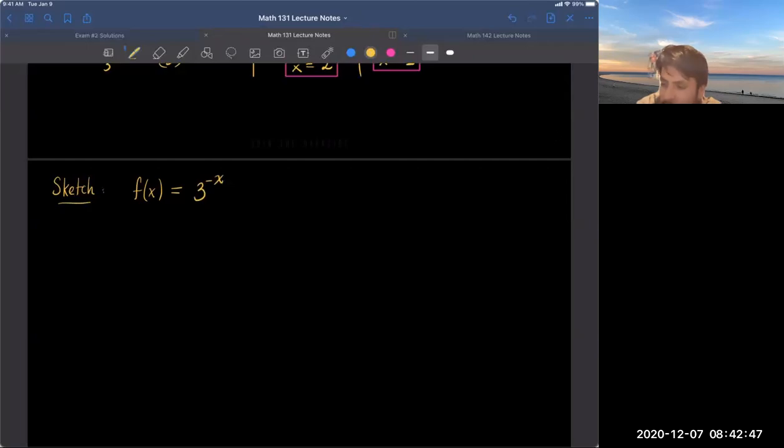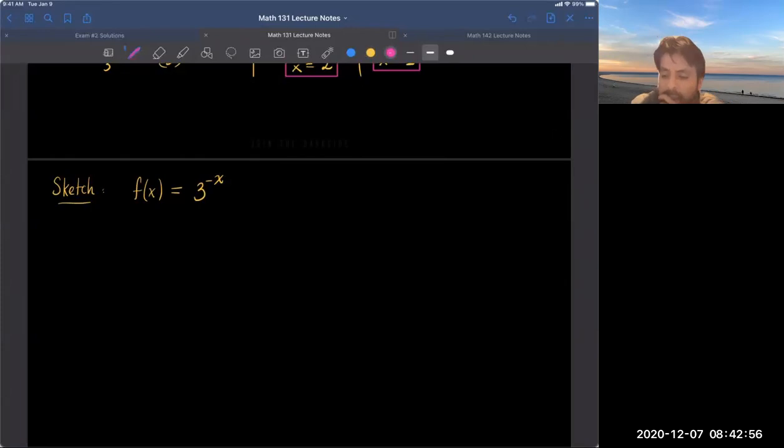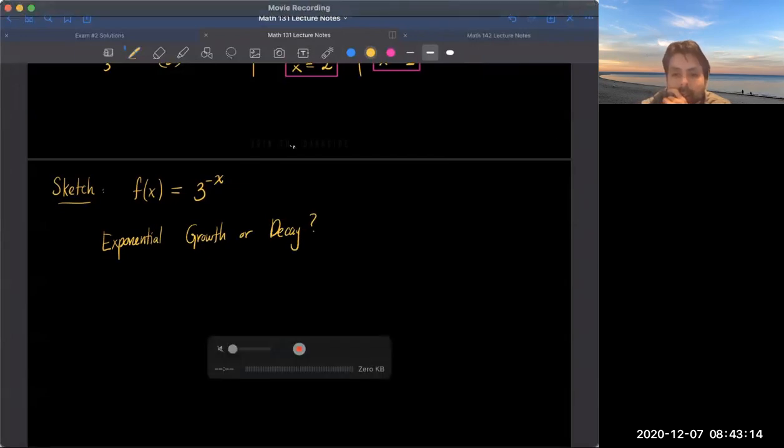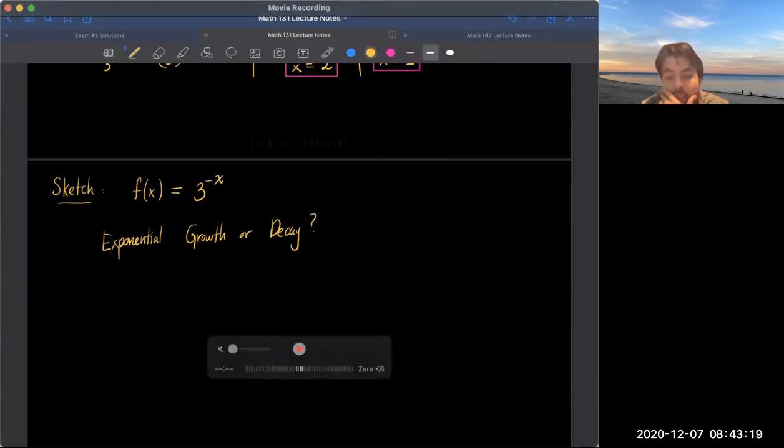First of all, is this exponential growth or exponential decay? Decay. And why is that? Why is it a decay?